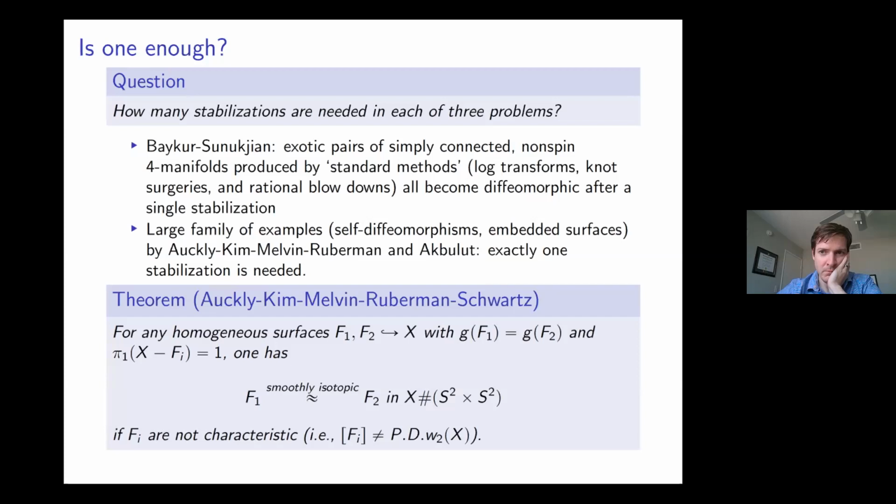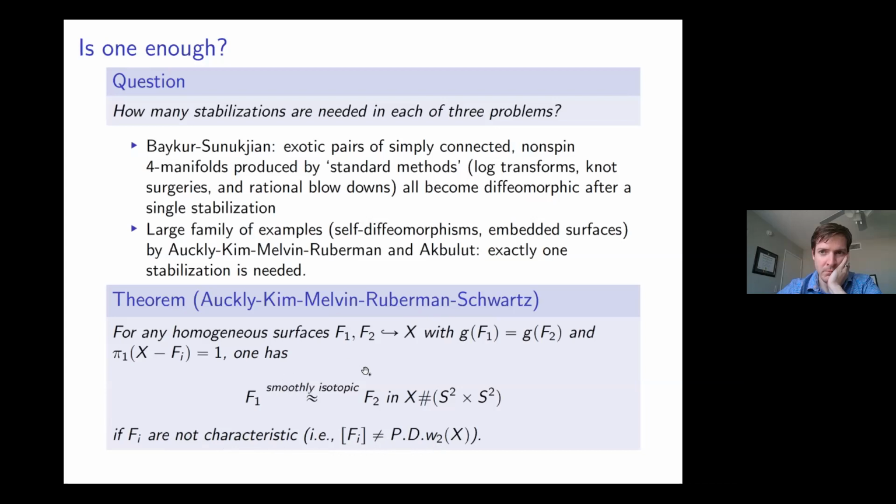It states that any homologous surfaces F1 and F2 with the same genus and simply connected complements become smoothly isotopic to each other after a single stabilization. We just need a single stabilization. We do need to assume that these two surfaces are not characteristic, namely that the homology class is not Poincaré dual to the second Stiefel-Whitney class.